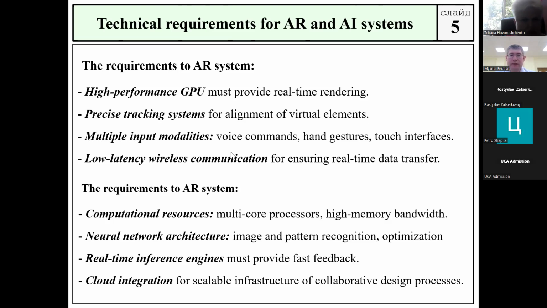Multiple input modalities, voice commands, hand gestures, and touch interfaces are for convenient design. Low latency wireless communication ensures real-time data transfer.